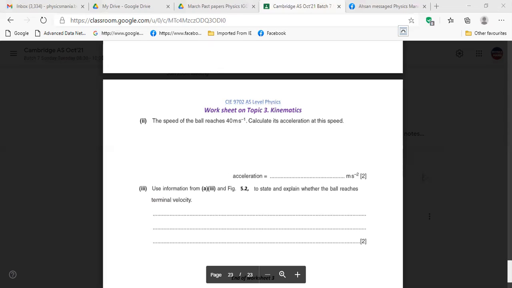Sir, I think it doesn't reach terminal velocity from graph, but the answer is different. From graph, what you see? Sorry, sir, not from graph, but wait, sir, I have to see the question again.